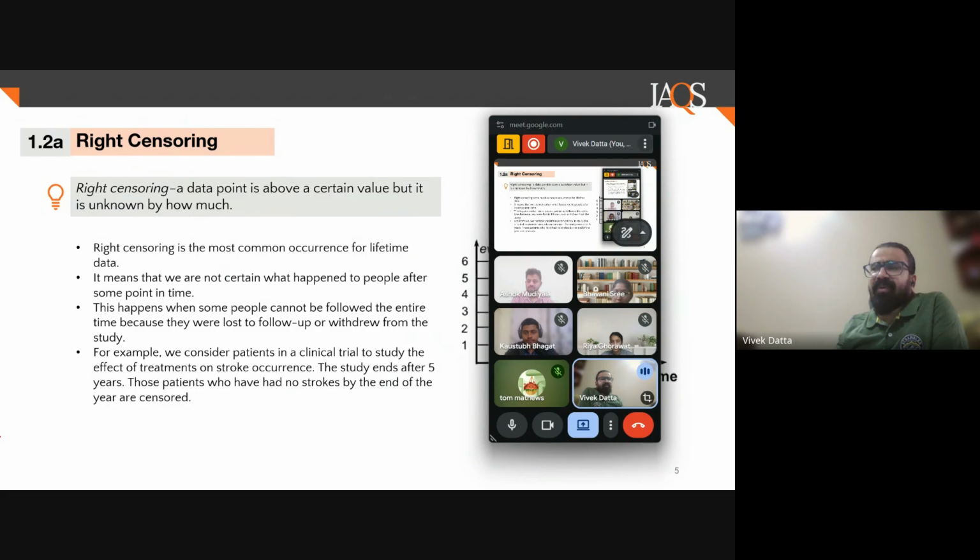And the people who remain in the study randomly, because I don't know at the start, are random censored also. And this is also non-informative censoring because it is not specifically giving me any information. It's just that the experiment ended and that's why censoring happened of those who are still alive.